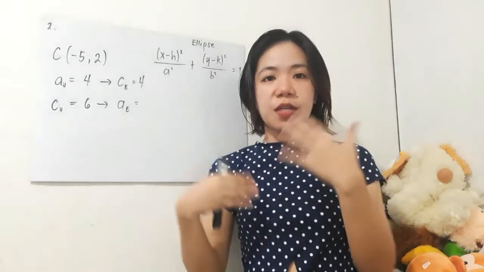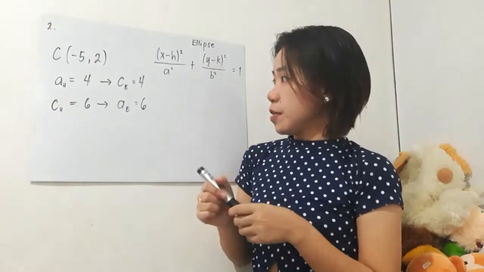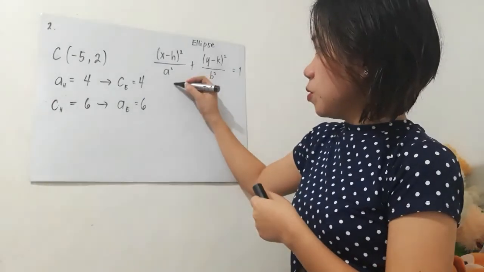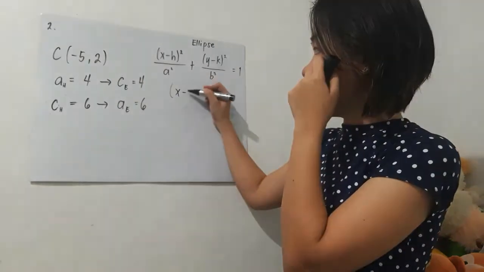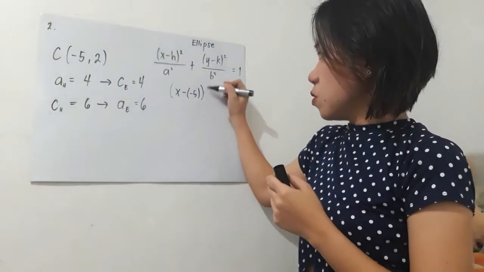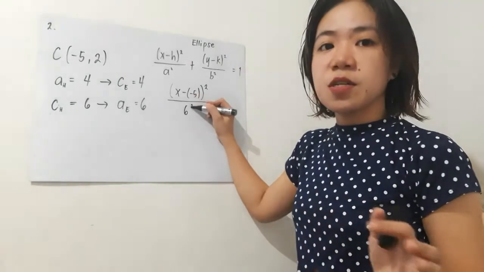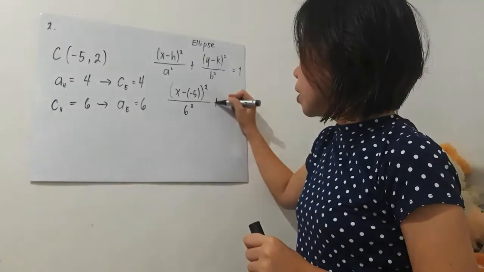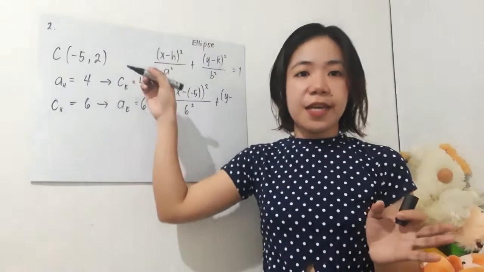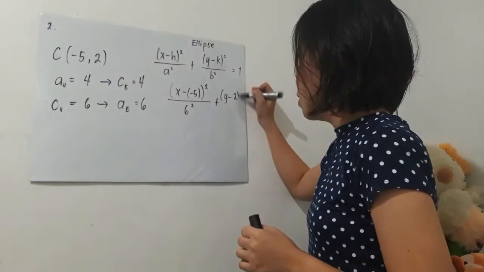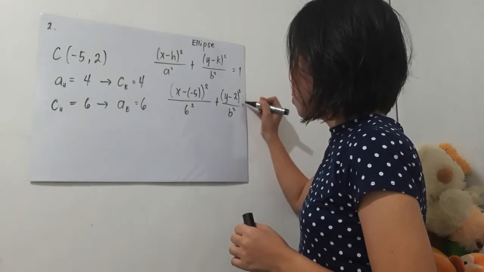So we just interchange these two. This is 6. Alright, so we'll substitute. We have the quantity of x minus h, which is negative 5, squared all over a squared. We have 6 squared. And then plus the quantity of y minus k, which is 2. We have the same center. All over b squared equals 1.